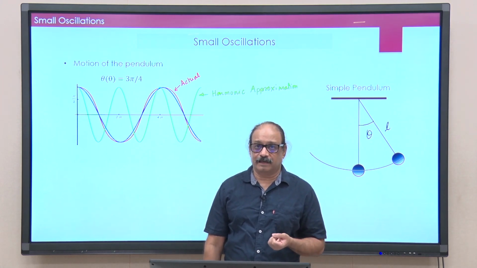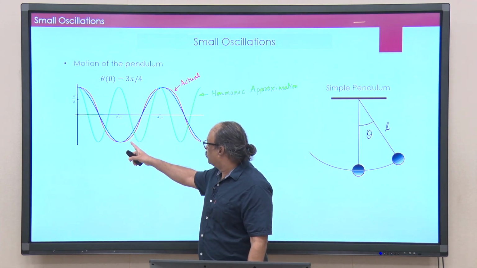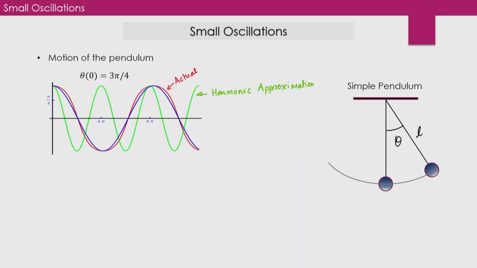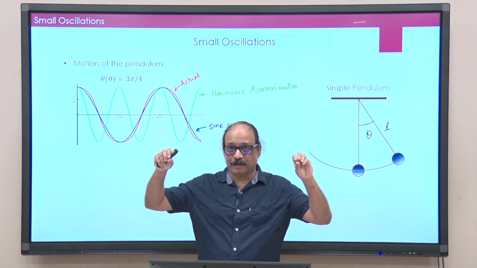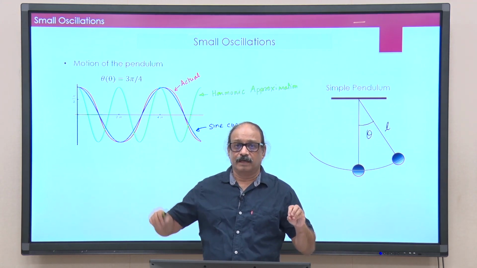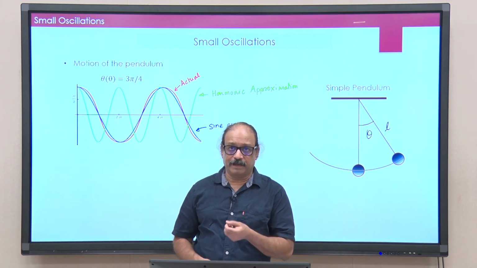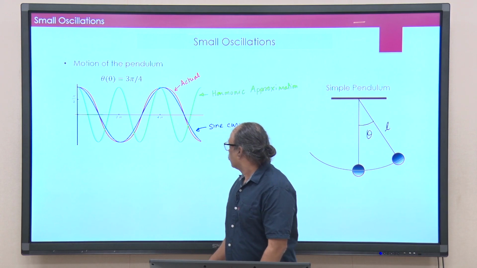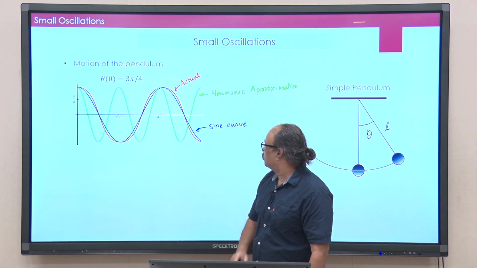Now, you might say that maybe we have not done a good approximation, and so I have plotted a simple sine curve with exactly the same period as that of the red curve. The actual motion, starting from 3 pi by 4 all the way to minus 3 pi by 4 and so on, is periodic, it has a period. I take a curve which has exactly the same period, and that curve is plotted by this blue curve here.